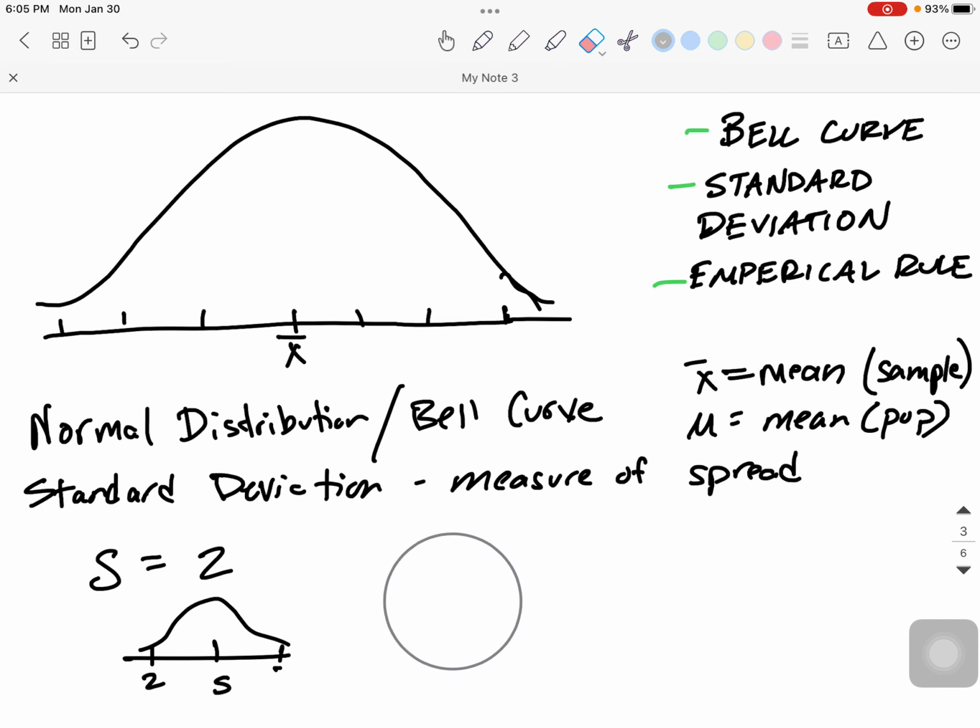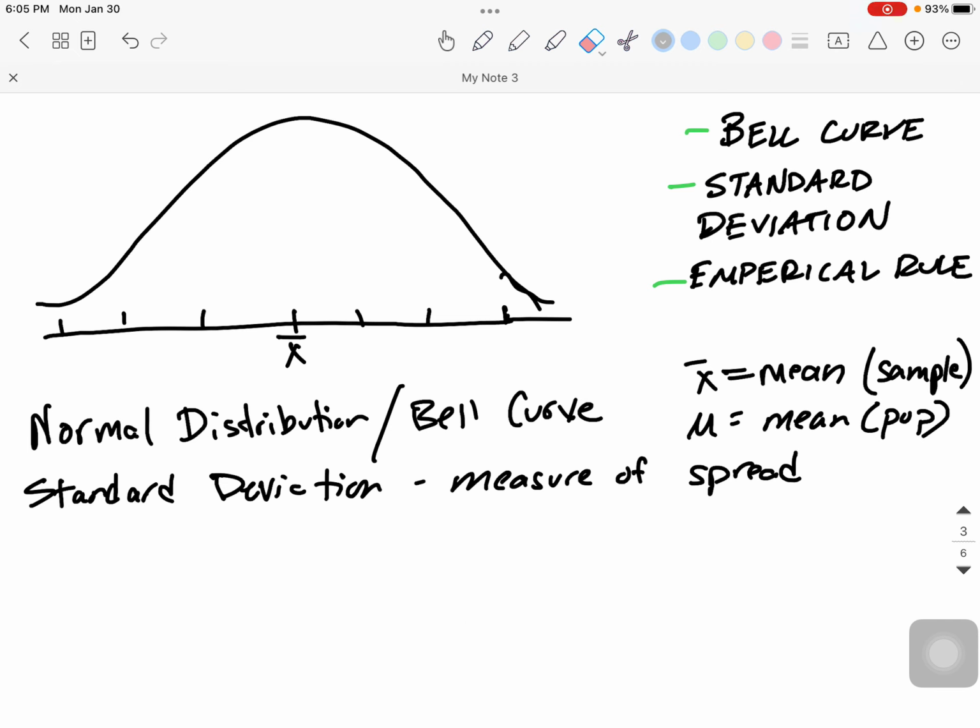So a lot of times, if you want a general picture, you can say that this first position is going to be your X bar plus S, and then the second hash mark would be X bar plus 2S and X bar plus 3S. As I'm drawing this, it looks really sloppy.